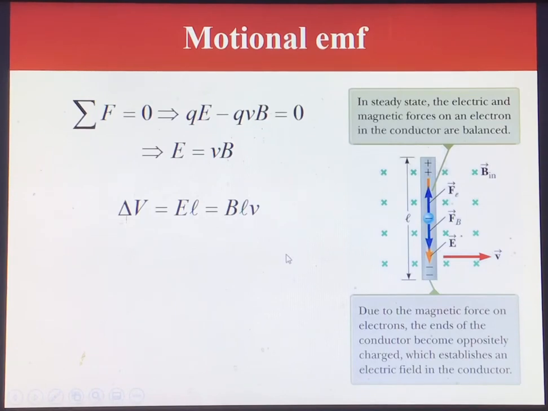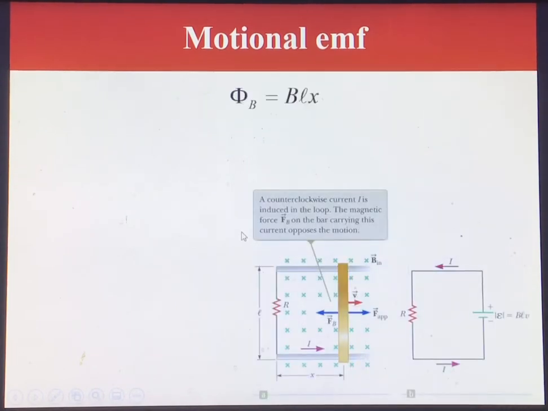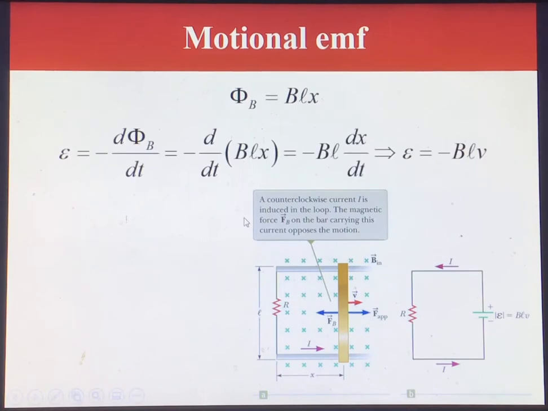Now there is a second way that we can derive the motional EMF. If we look at this picture right here, suppose that we have a coil that has a length L. Now we're going to place this coil in the presence of some magnetic field that is pointing into the paper.